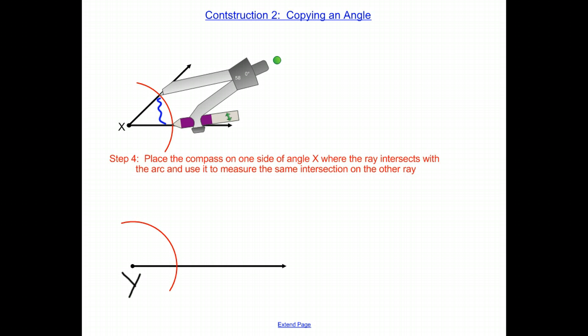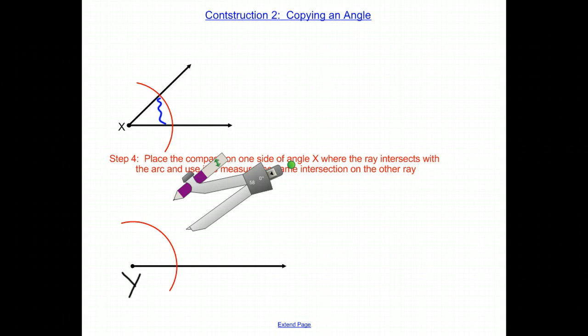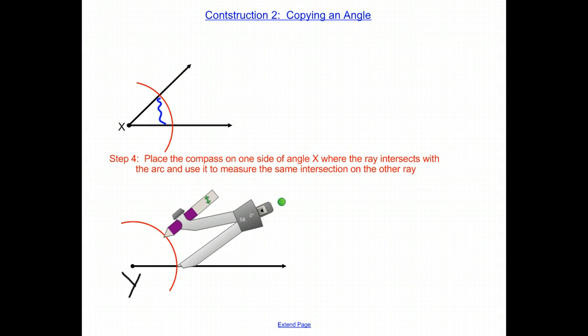So once we've completed step 4, steps 4 and 5 almost go hand in hand here. We're just going to take this same exact measurement on the compass, and we're going to do the same exact thing on our ray Y. So I'm going to take the compass here. I'm going to place the center where the edge of the arc intersects with the ray.